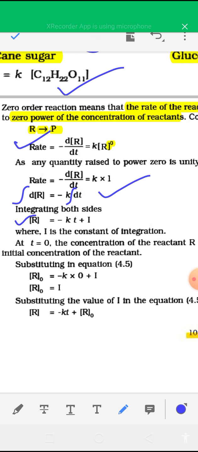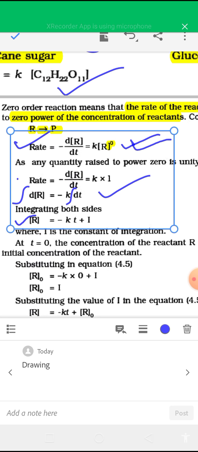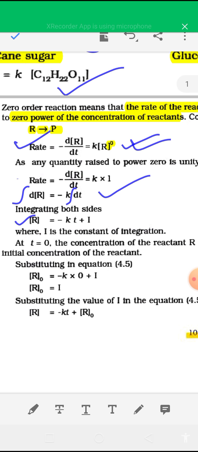This is the differential rate law equation for zero order reaction, and on integrating it we get the integrated rate law equation. After integration, the equation becomes [R] equals minus kt plus I, where I is the integration constant.